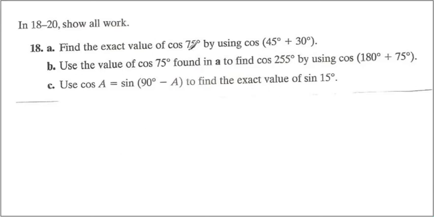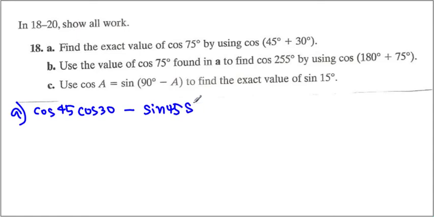Find the exact value of cosine of 75. In this case, A will be equal to cosine of 45 times cosine of 30, minus, remember the opposite sign for cosine, sine of 45 times sine of 30.